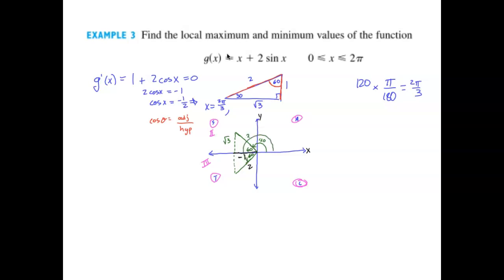There to there. 240. Good, just 180 plus 60. So then 240, let's convert that to radians. Divide both of those by 60, you're going to get what? 4 pi over 3.